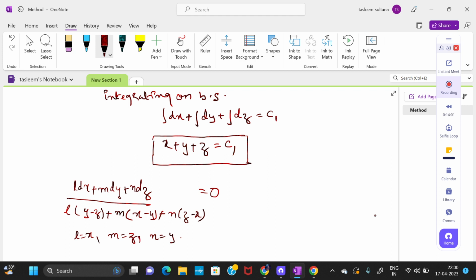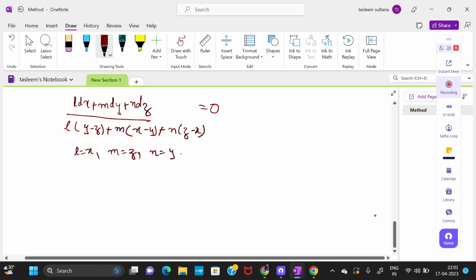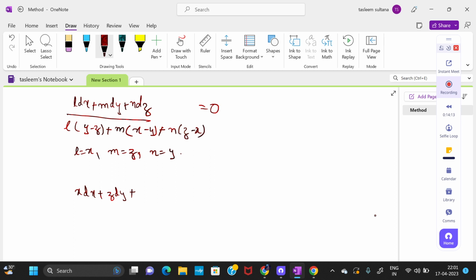Here this denominator part: x into dx plus z into dy plus y into dz divided by x into (y minus z), plus z into (x minus y), plus y into (z minus x), equals 0.